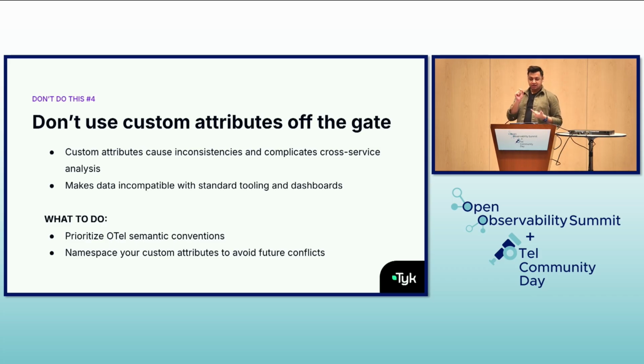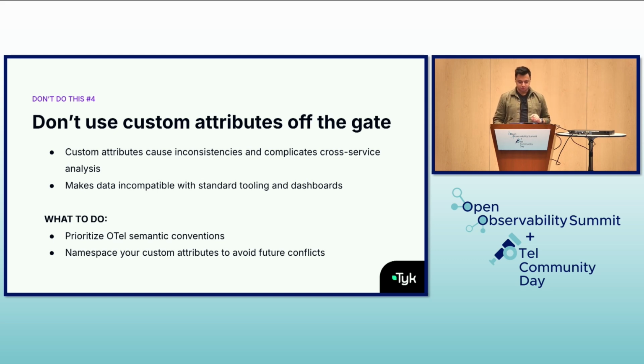OpenTelemetry does have some semantic conventions to deal with it, but they are extremely basic, at least as it stands today. The ideal situation is to expand those semantic conventions, and I think there is a pull request that is trying to do exactly that. But in situations where you really don't have a choice, custom attributes make sense, but that cannot be your step one or go-to move.